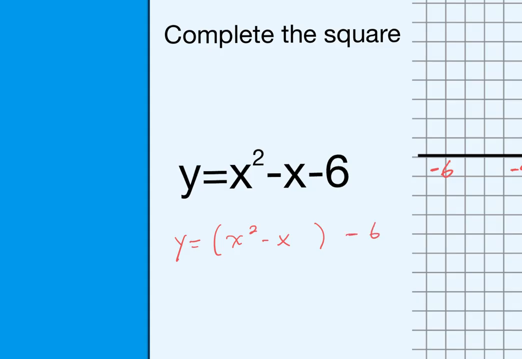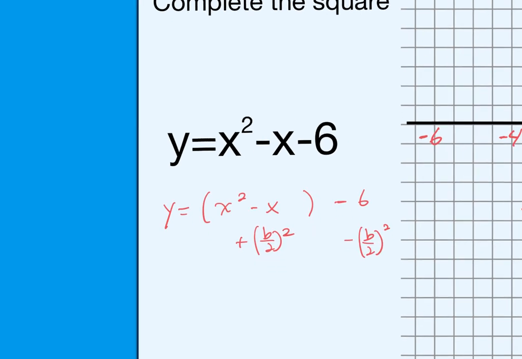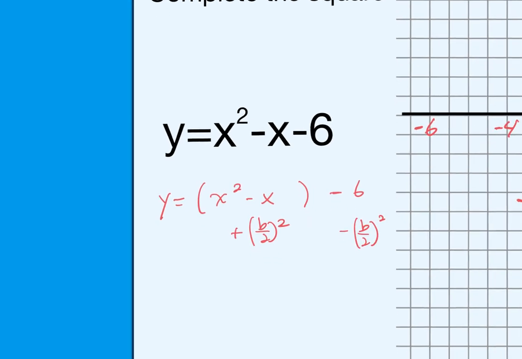Then we're going to do the b divided by 2 squared. We're going to add it, and we're going to subtract b divided by 2 squared. Basically what you want to do is think, okay, I've got a negative 1, right? How do I get a negative 1? I need 2 negative 1 halves, right? So this is going to be x, or you could do the b divided by 2, negative 1 divided by 2 squared.